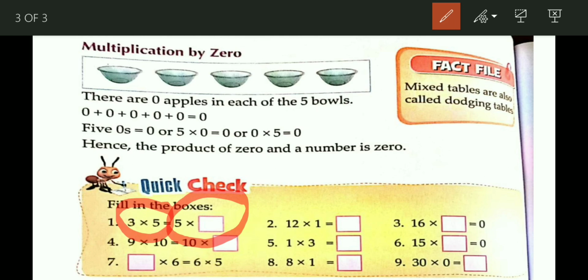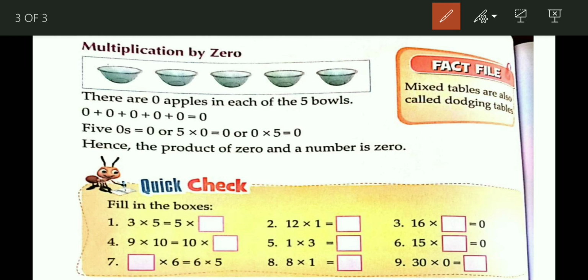So they just changed the place of the numbers. In the second one, they wrote 5, then what will you multiply it with so that it will be equal? It will be 5 into 3. So you try. These are all from the properties of multiplication.